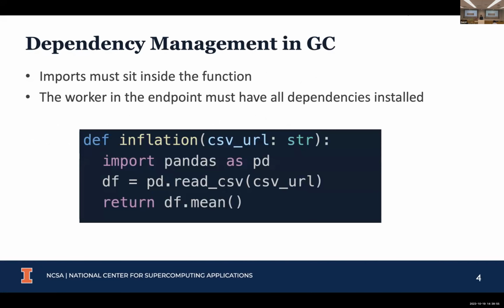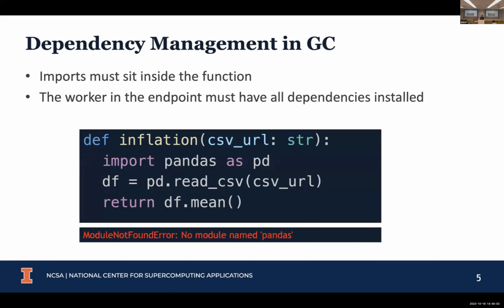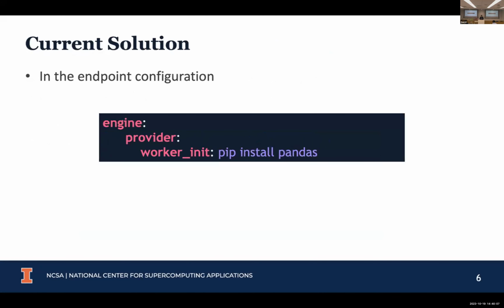So Globus Compute makes such a great promise. You write a function, you import all the stuff that you want in there, you send it off to your endpoint, and you get module not found, no module named pandas. The current solution for working around this is, in your endpoint configuration, you provide some worker init code, and you can say, for this endpoint, every single worker, when you launch them, make sure you do pip install pandas.